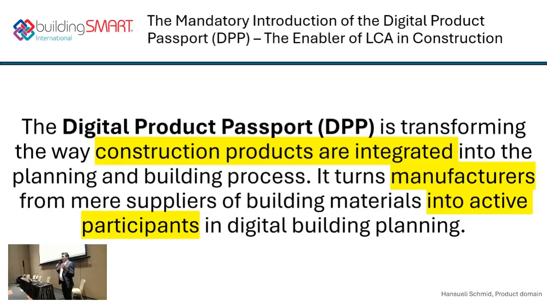We don't invent something new. We actually have the product data sheet as they exist. We have the common product standards, but what we're going to change is that we're going to deliver the data in a structured and interconnected way, and that has a lot of benefits.